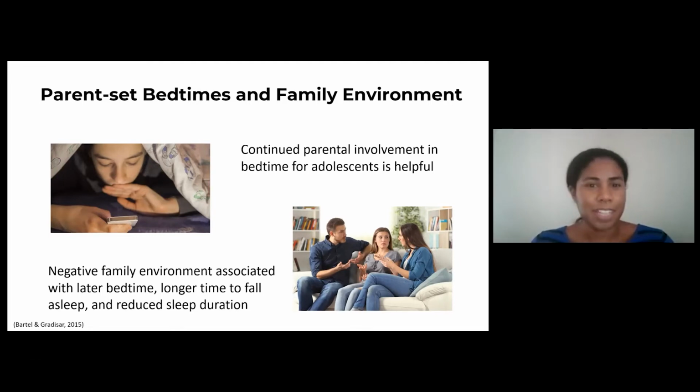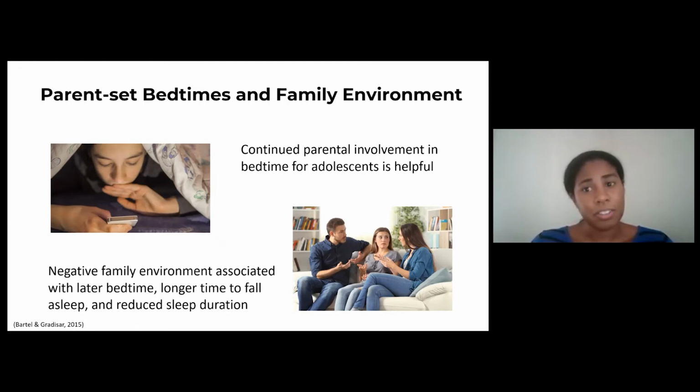What we do tend to find is adolescents start going to bed so late that their parents have already gone to bed and are no longer involved in bedtime. So there is more independence at that point, but continued parental involvement is beneficial in helping maintain appropriate bedtimes.